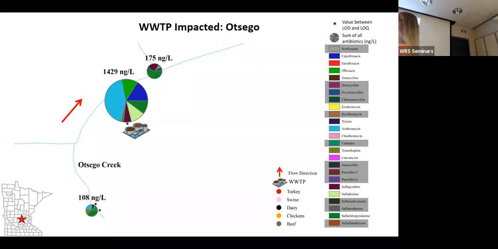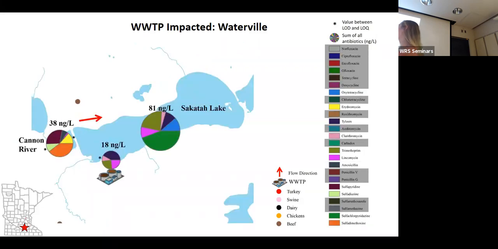The last wastewater treatment plant impacted sampling site I'll show you is in Waterville at Sakatah Lake. I like this one because it has a very different pattern versus these other two. Very different antibiotics were found upstream versus at the wastewater treatment plant and downstream.